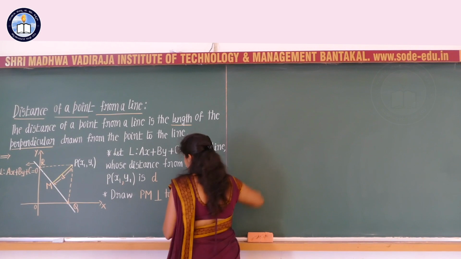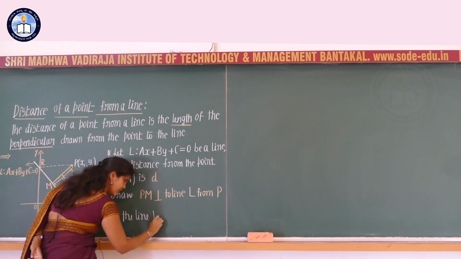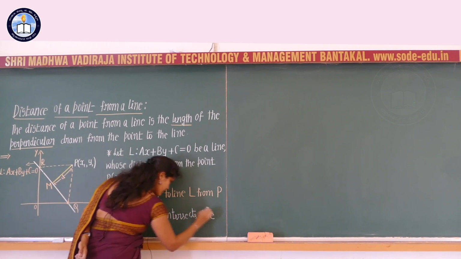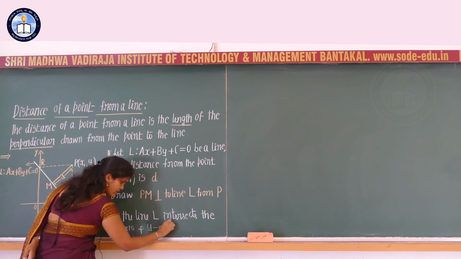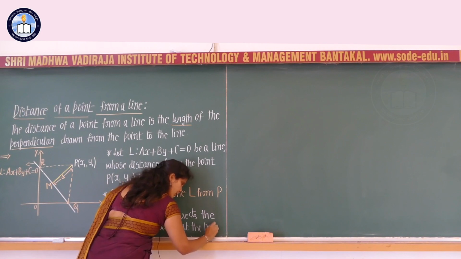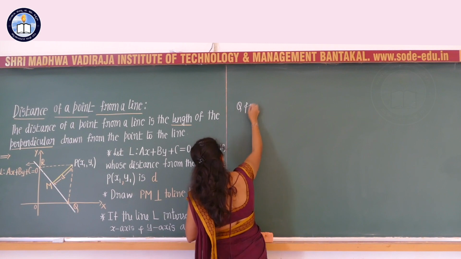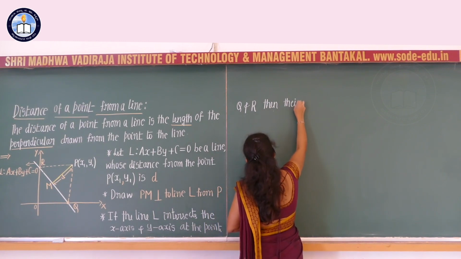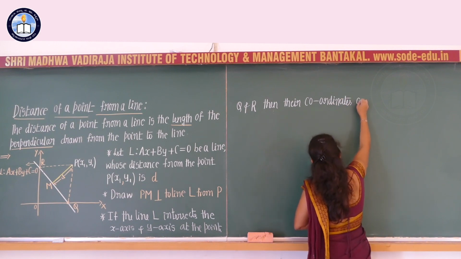So the next, third point I can write is: if the line L intersects the x-axis and y-axis at the points Q and R, that is, the line intersects the x-axis at the point Q and the y-axis at the point R, then their coordinates are, we should find out.